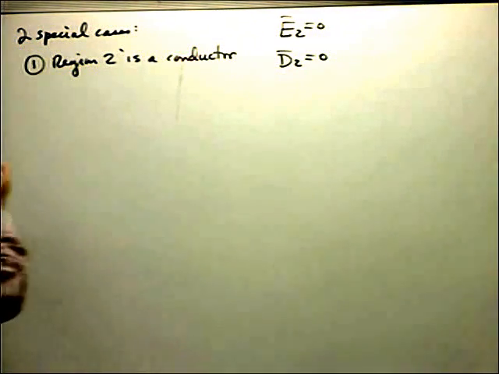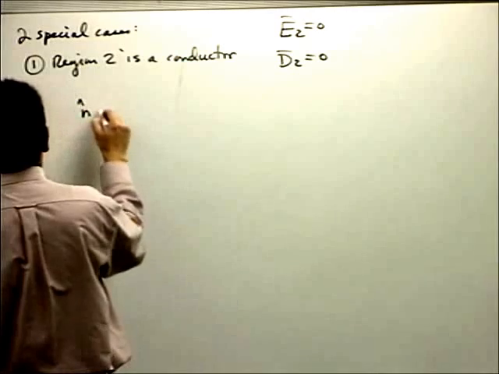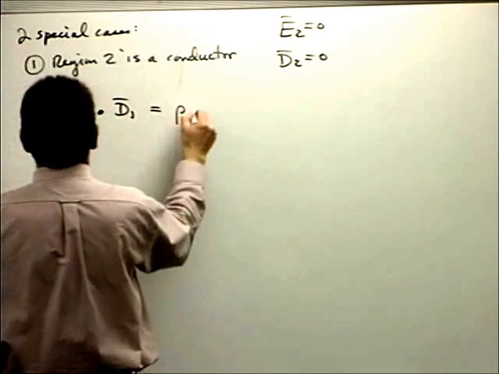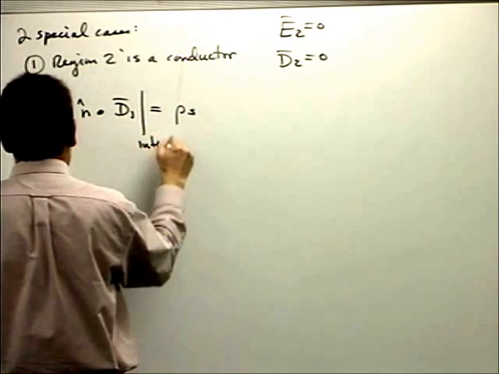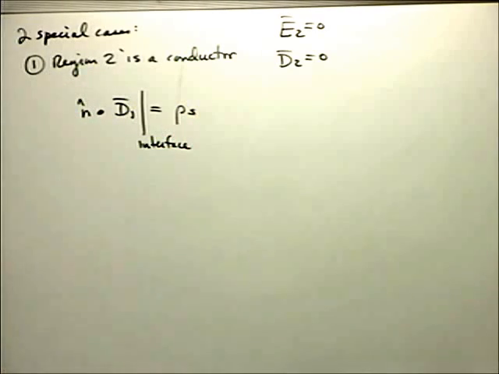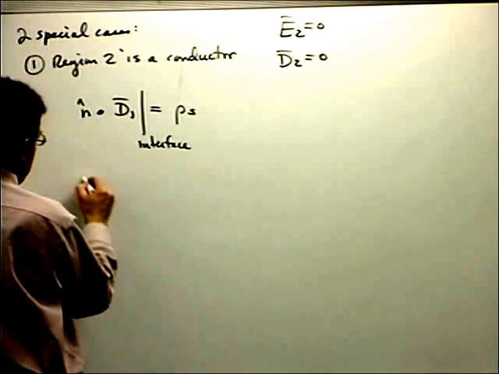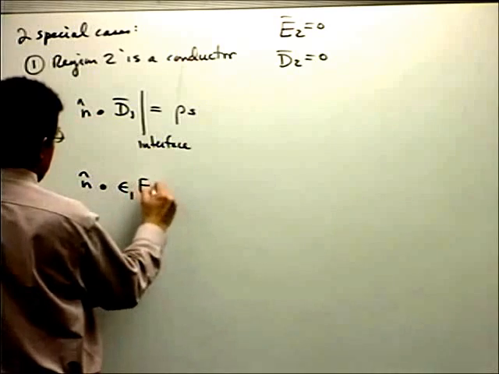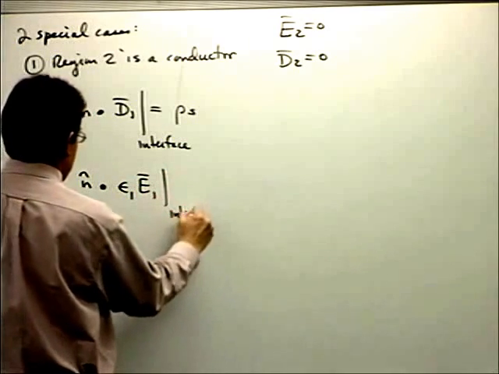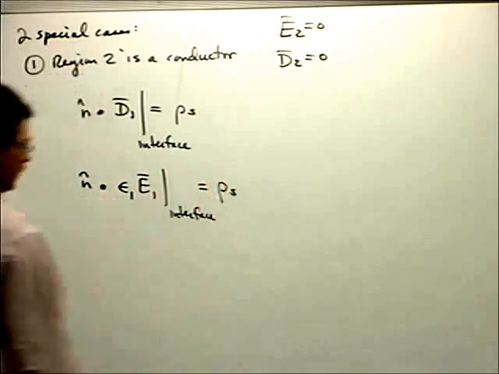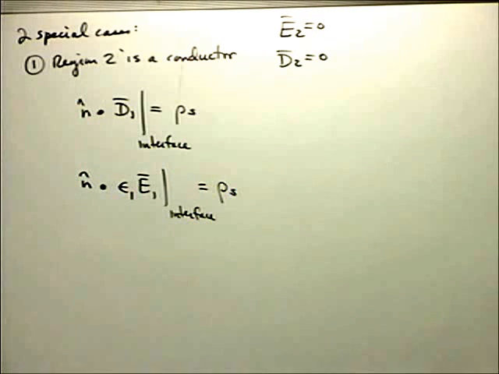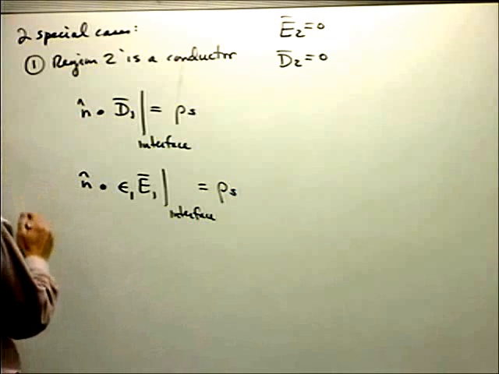And then this equation simplifies down to n dot D1, again at the interface, equals rho sub s. Okay. Or since D is actually epsilon 1 E1, we could write this as n dot epsilon 1 E1 at the interface equals rho sub s. So that's the condition if we're dealing with a conductor. There's some surface charge on the interface, and we get this condition.